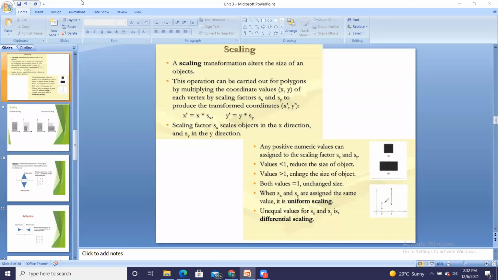Till that time, if you have any doubt regarding the third chapter, that is transformation, you can ask those doubts till the other students are joining.